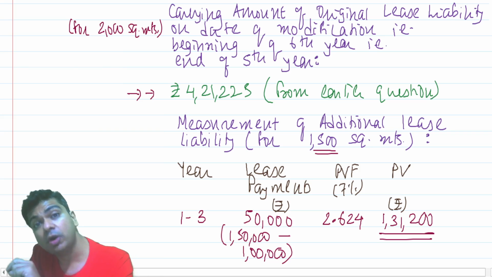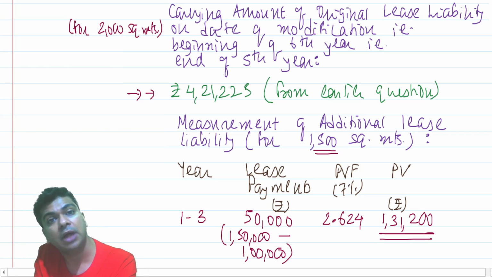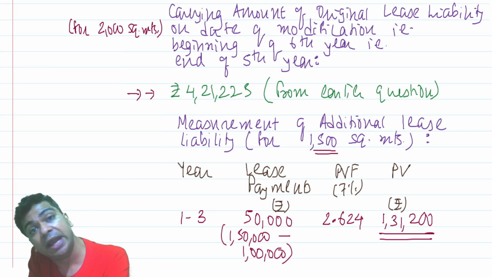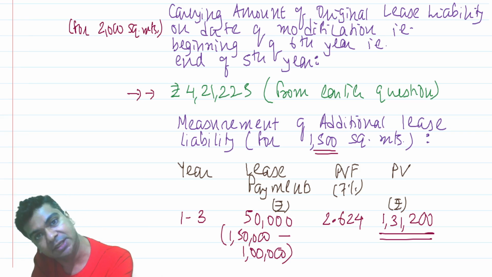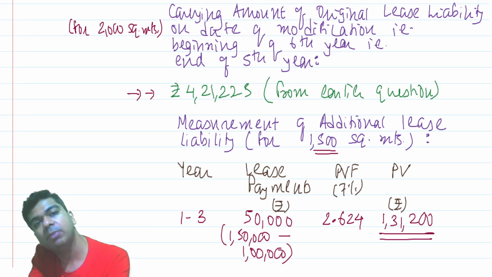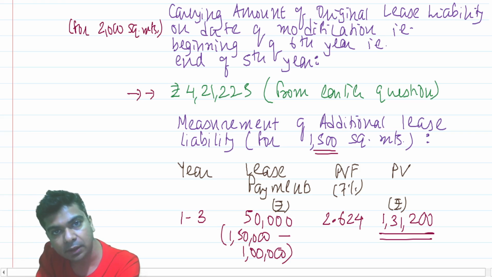This is your lease liability on the date of modification, but for 2000 square meters. This 4,21,225 is based on the original lease term of 10 years. But now the lease liability should reflect the revised lease term of 8 years. So we have to now consider that.